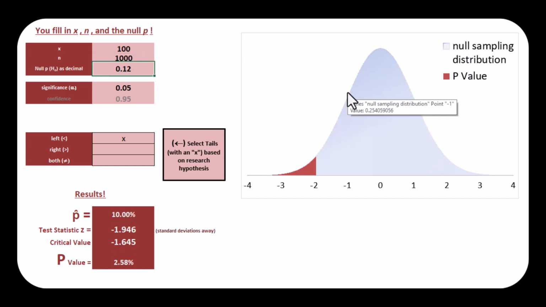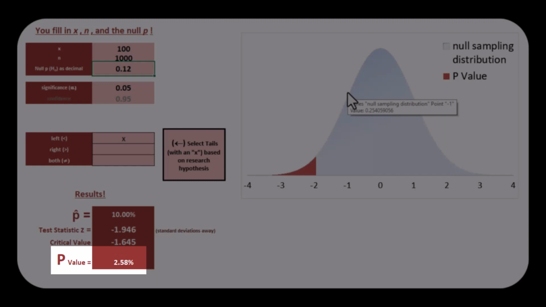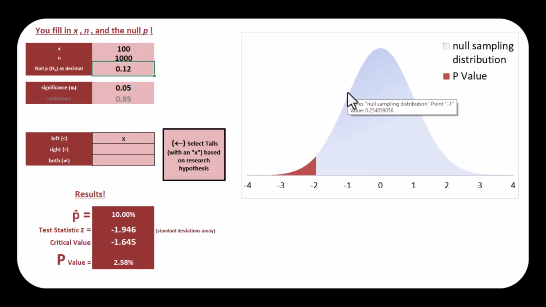Now your p-value has dropped below 5%. Please realize, in every single one of these cases, the sample proportion was 10%. But because you saw that 10% on a larger and larger sample, the central limit theorem is kicking in, the precision is getting greater, and the difference is getting more significant.